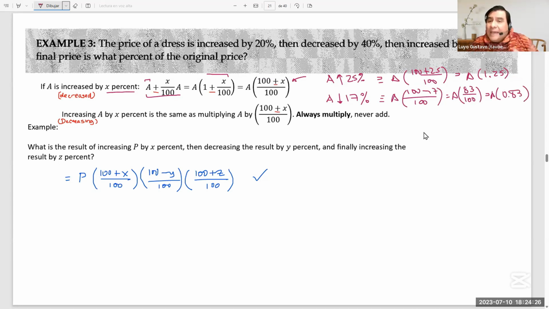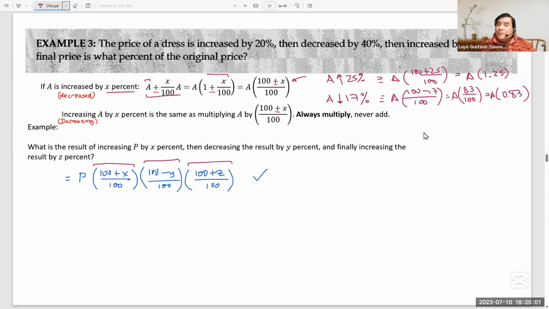And that can be done also with consecutive percents. Example, if you want to increase P by X percent, then decrease the result by Y percent, and finally increase the result by Z percent, the expression that would yield the final amount after all these changes is P times this factor, which represents the increase of X percent, (100 plus X) over 100, then multiplied by this (100 minus Y) over 100, and then by this (100 plus Z) over 100.